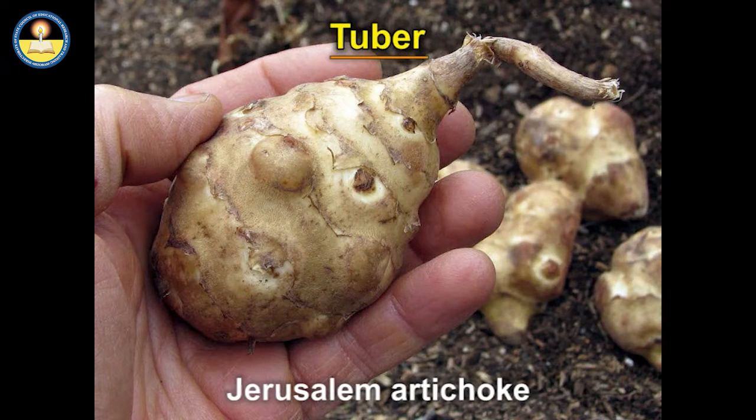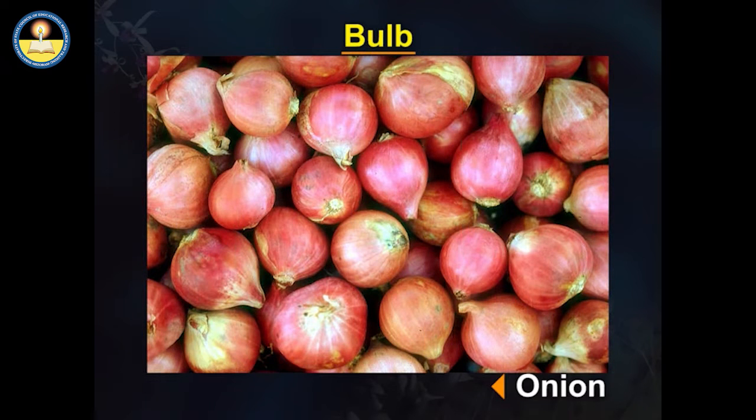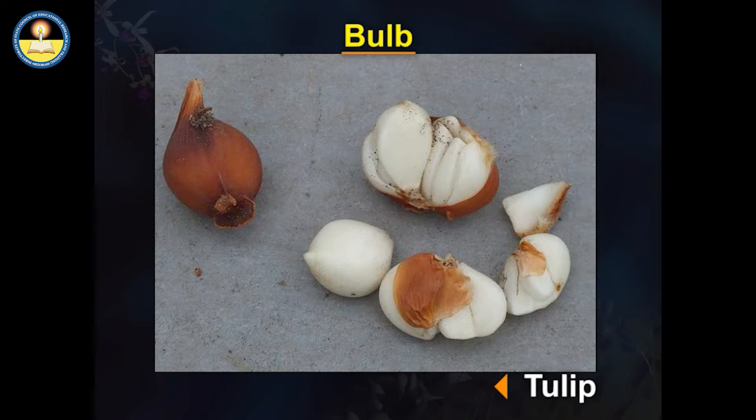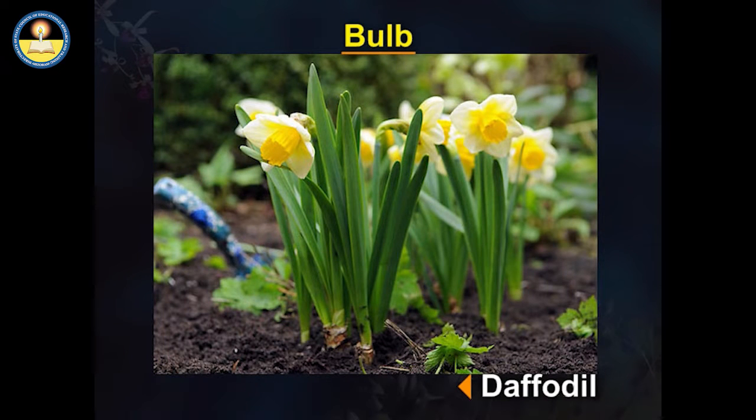Tuber of Jerusalem artichoke also bears buds over it. The portions containing one or two buds are used to grow new plants. More examples of plants reproducing through underground stem. For plants such as onions, garlic, tulip, daffodil, the bulb is the unit of vegetative propagation.